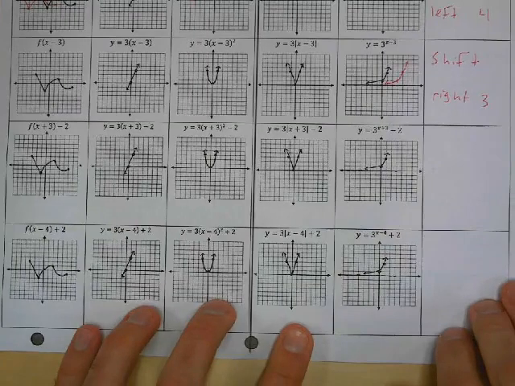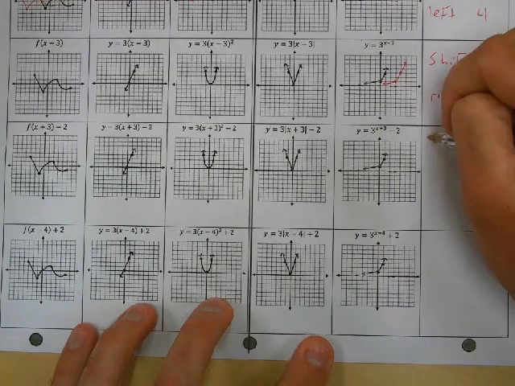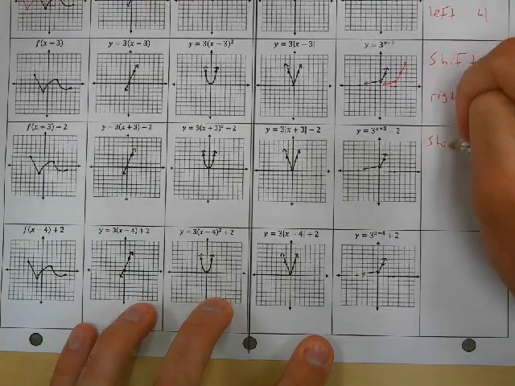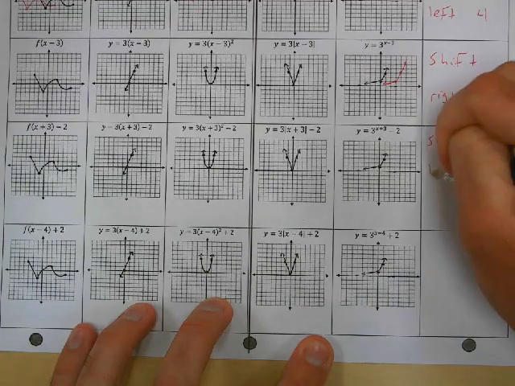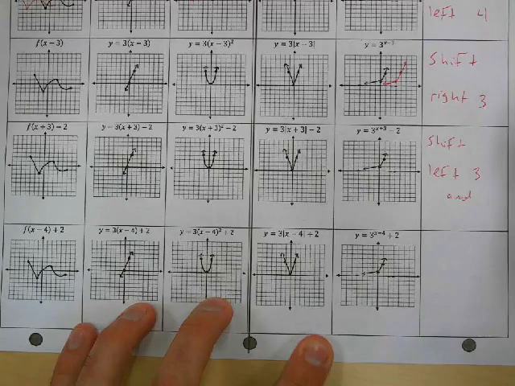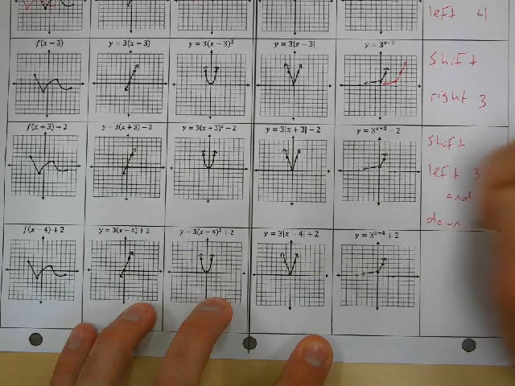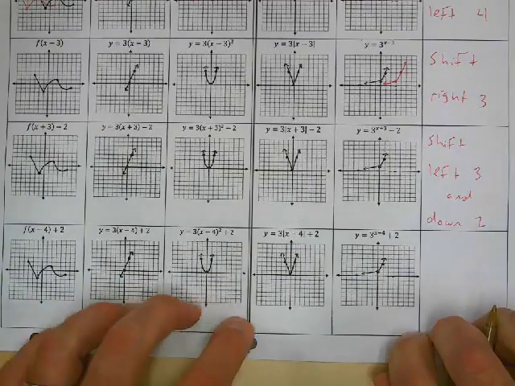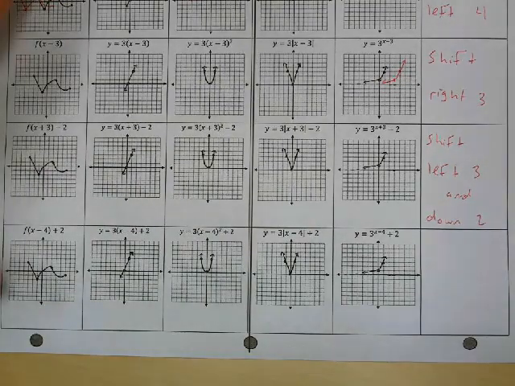So 2 things are happening here. We're going to shift left 3 and down 2. If we shift left 3 and down 2, then I just want to take each of those points and move them left 3 spaces and down 2 spaces.